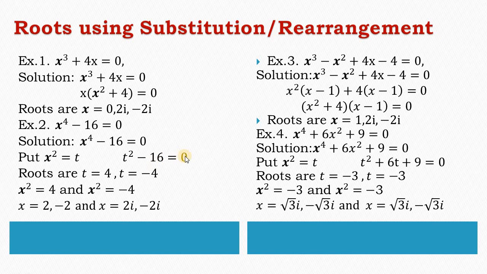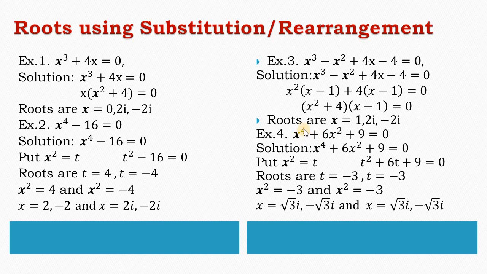So t square minus 4 square is 0, t is 4, t is minus 4. So t is x square, so x square is 4, x square is equal to minus 4. So x square minus 4 is 0 means x is 2, minus 2.